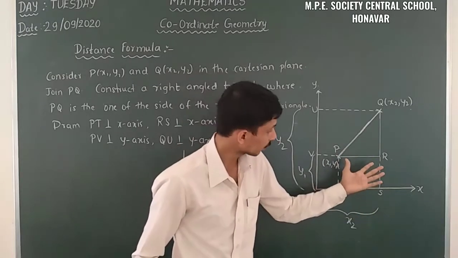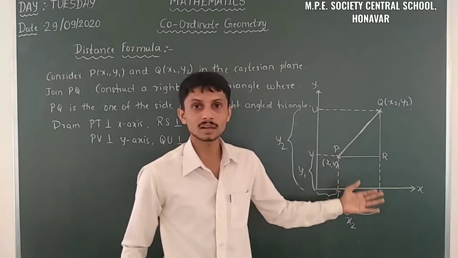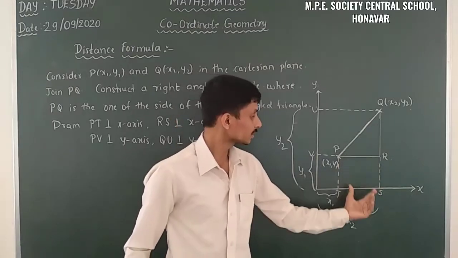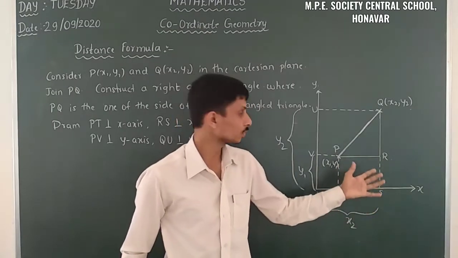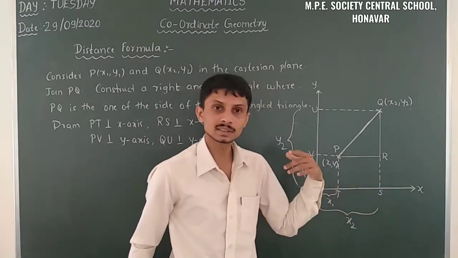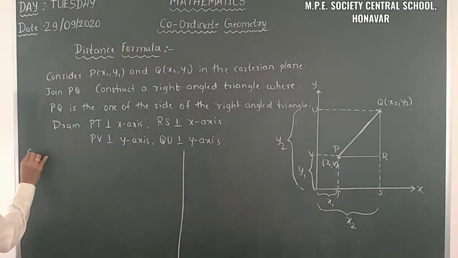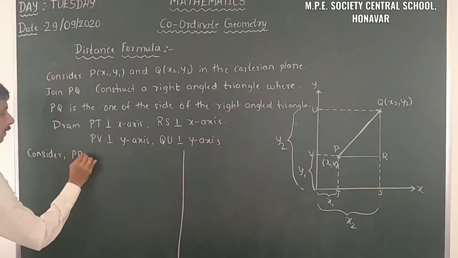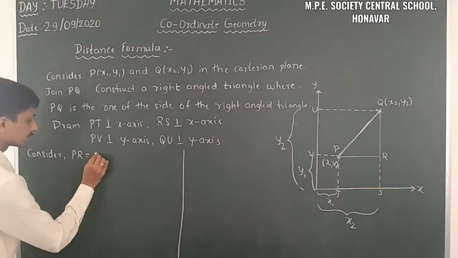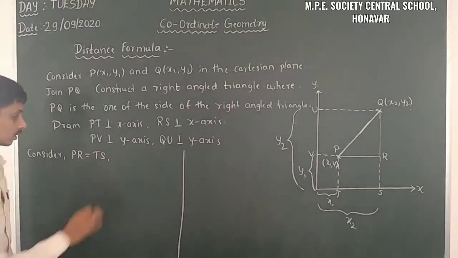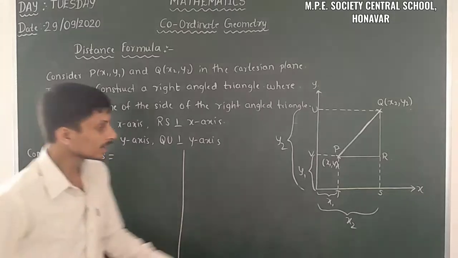Whether it is a rectangle or a square, the opposite sides are one and the same. So that's why PR is equal to TS. Consider PR is equal to TS.